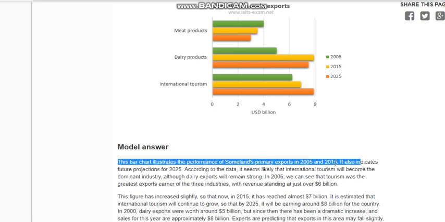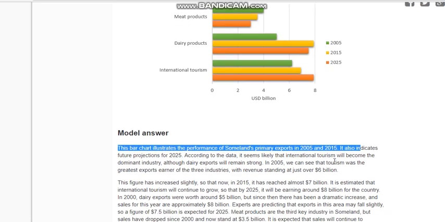Can you also say 2025? I think you can't, because it is not in the same category, because it is about the future. It also indicates future projections for 2025.